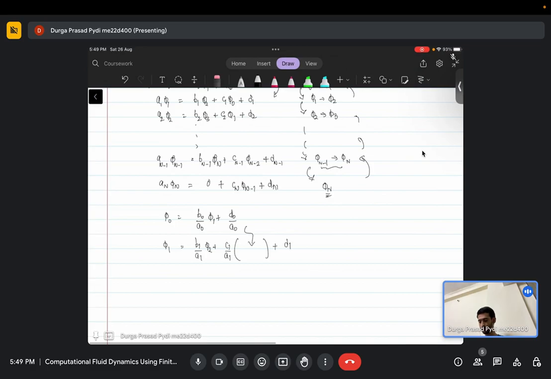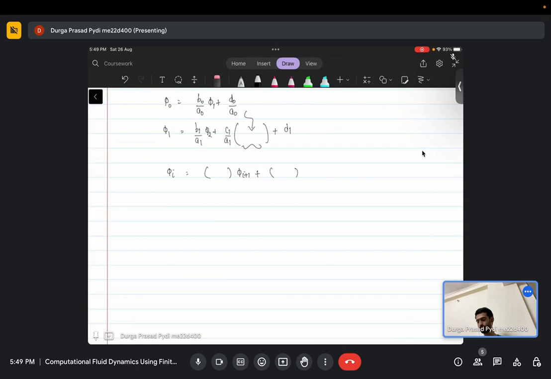So now you have phi 0 in terms of phi 1, so this entire equation will have two components. So for any ith equation, what we are trying to do is represent phi i in the form of p_i phi_(i+1) plus some constant. So these are the constants that we want to find: this p_i and this, say, q_i.